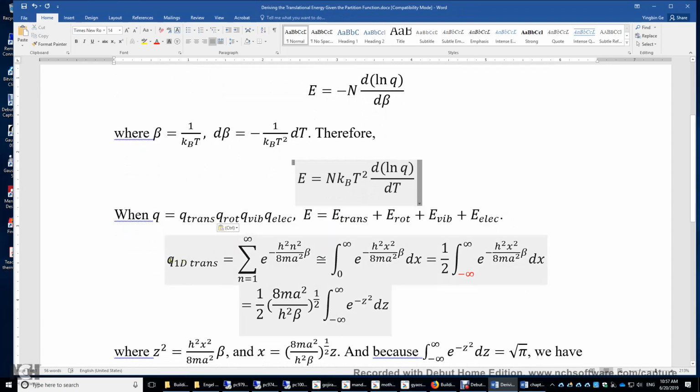Let's work on the one-dimensional translational energy. First, we need to derive the partition function of the one-dimensional translation.